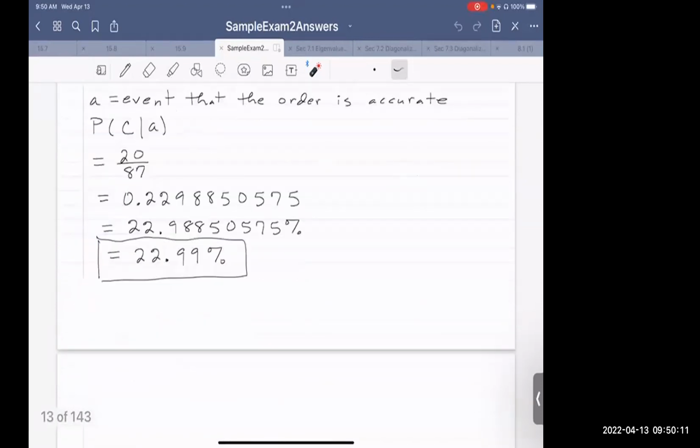And so 20 out of 87 is 0.2298850575. Let me move my decimal place 2 places to the right. So 22.98850575%, rounded to the nearest hundredth of a percent, 22.99%.